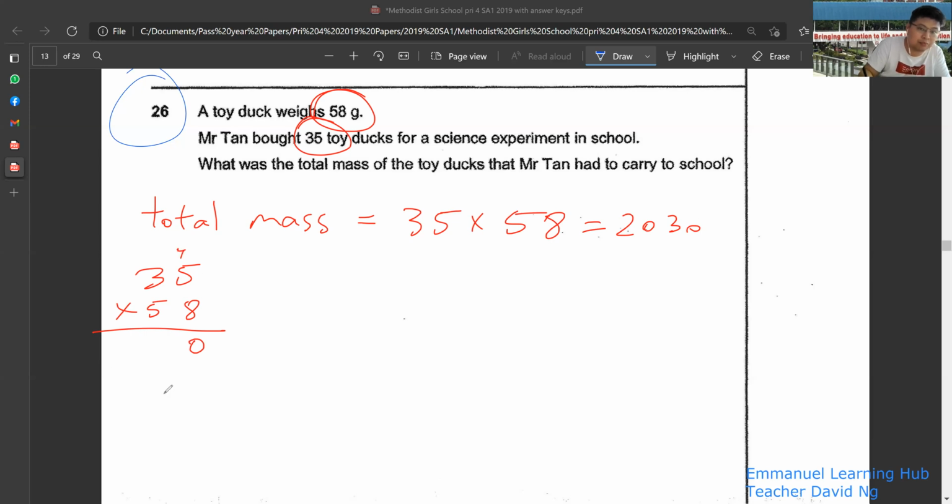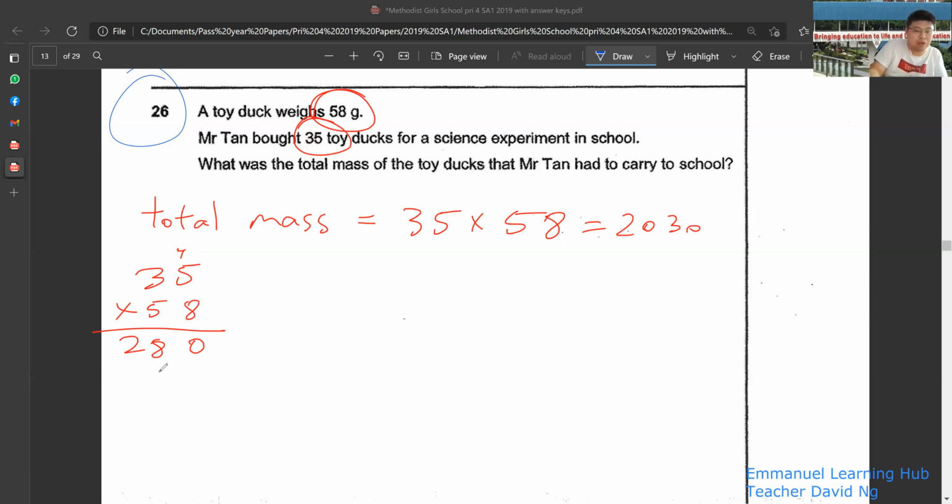Then 8 times 3 equals 24, plus the 4 is 28.